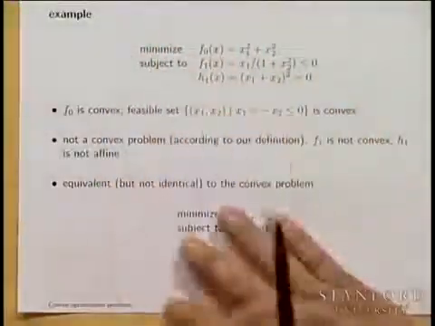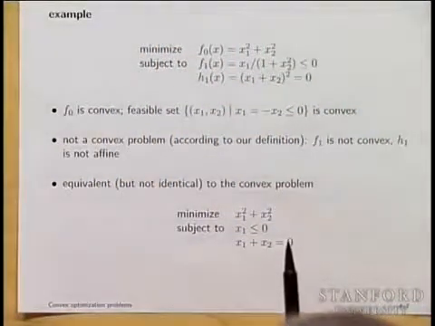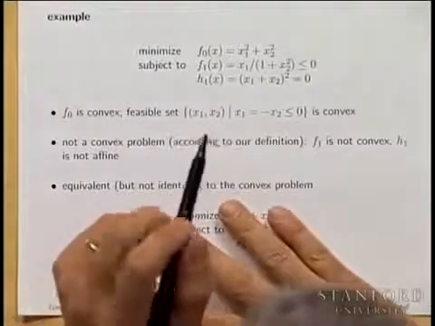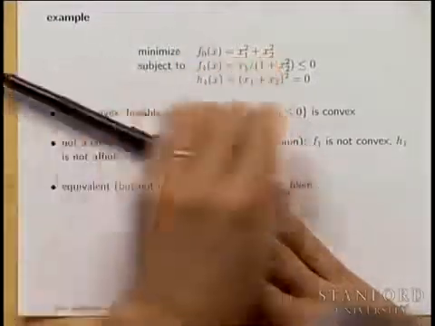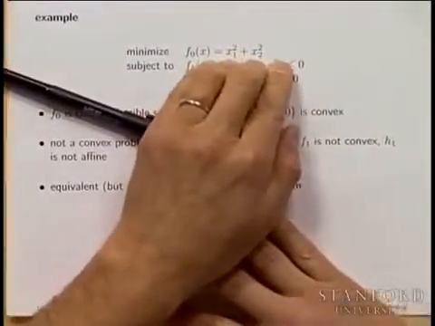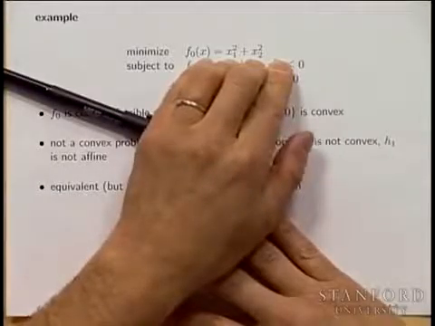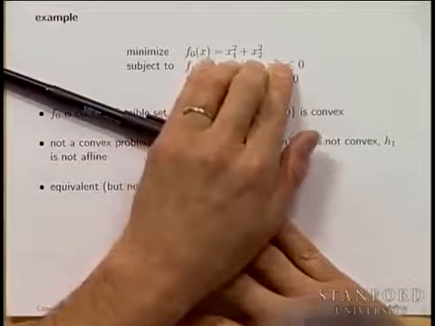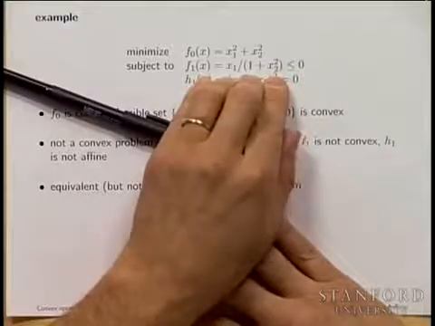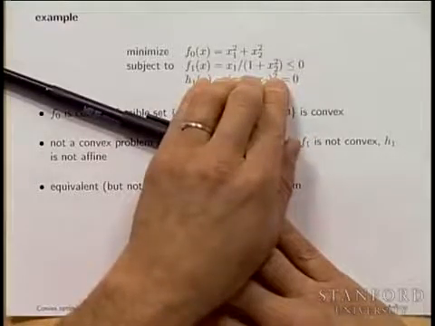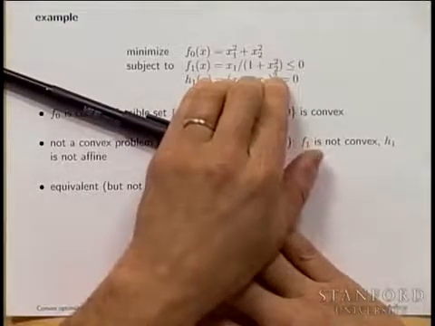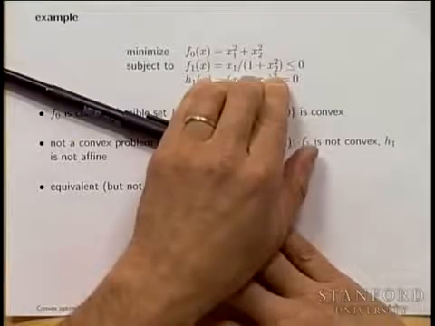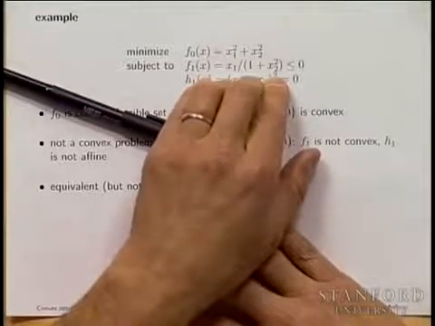Here's a simple example. Let's scan this problem for convexity and see what happens. Well, the objective, what do you think of the objective? Well, the objective is okay because it's convex and you're to minimize it. So the objective is cool. And let's pass on to the first constraint. Well, we're already in trouble with the first constraint because this constraint here defines a convex set.